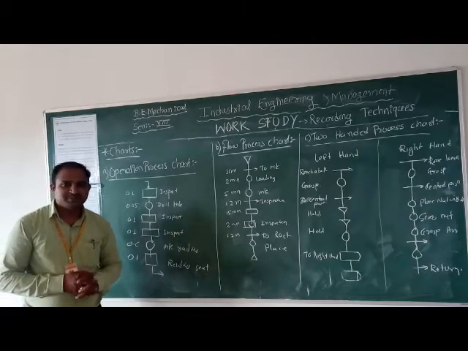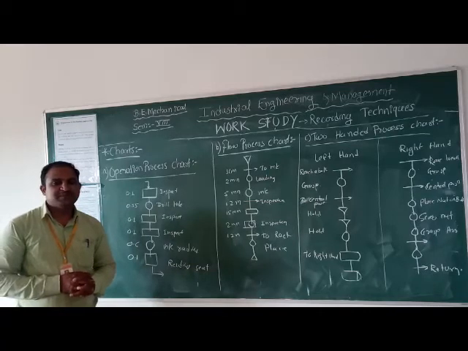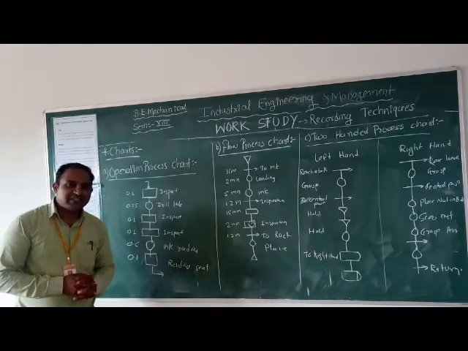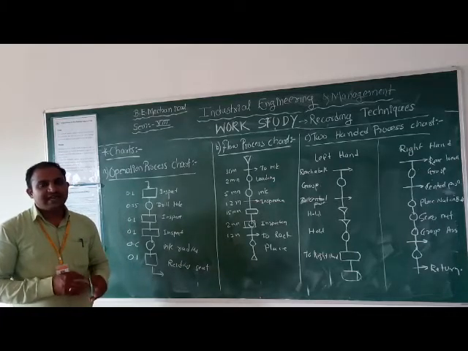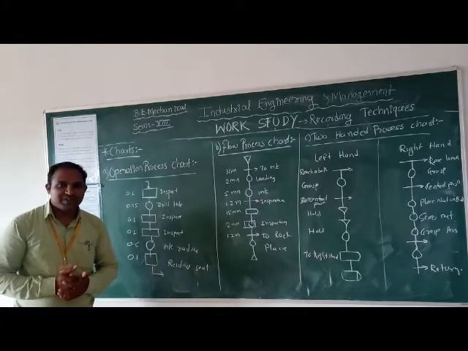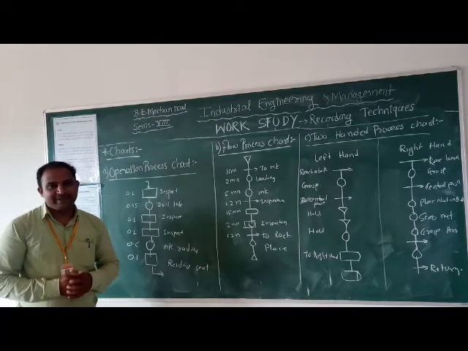Hence only two symbols, the inspection symbol and the activity symbol, are included. These activities are connected by arrows, and the arrow indicates the direction of flow of activities.